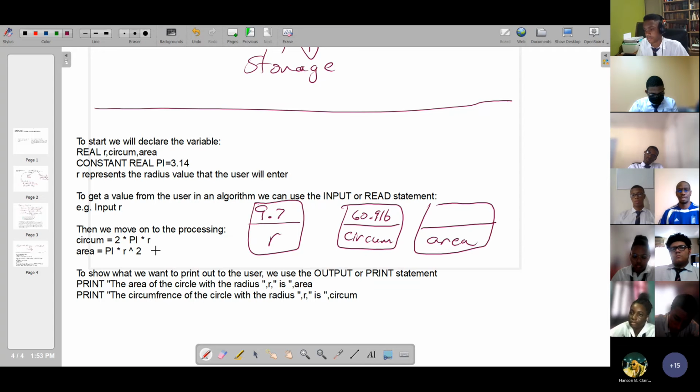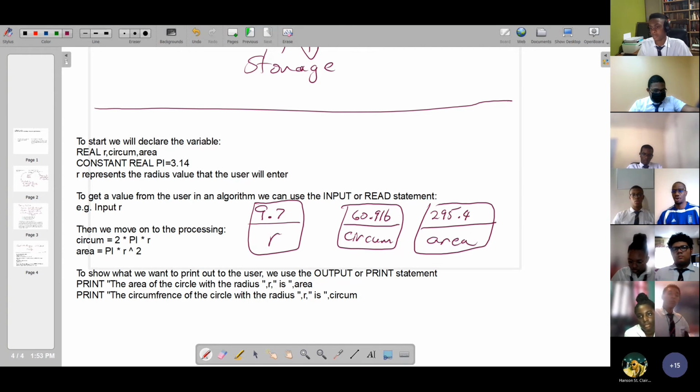And then the system will move on and calculate the area of this circle, right? So we get 3.14 multiplied by 9.7 multiplied by 9.7, and we're going to get 295.4426 inside of it.